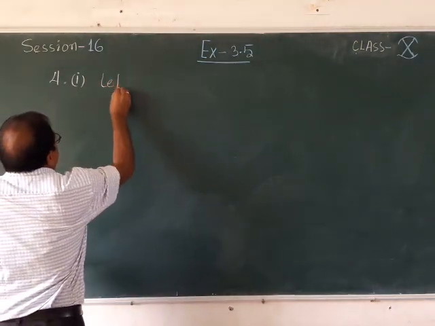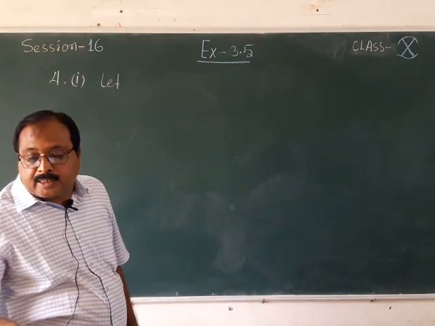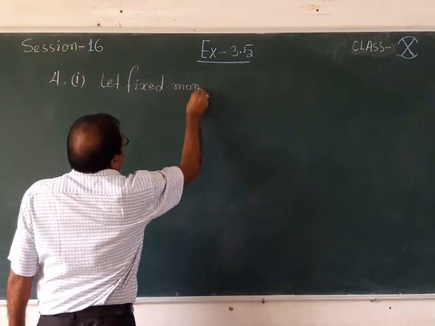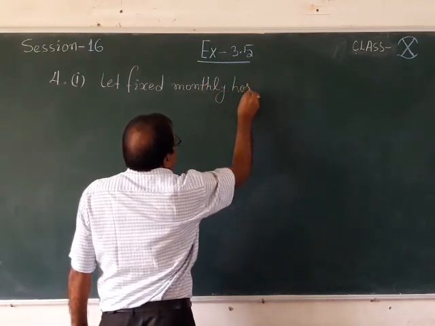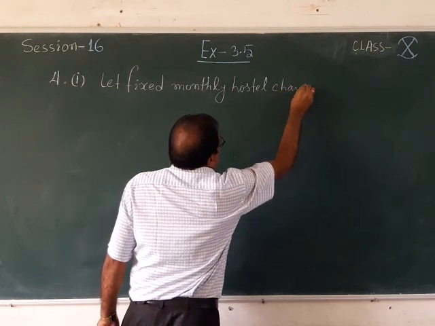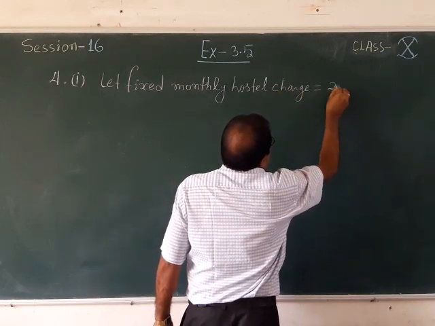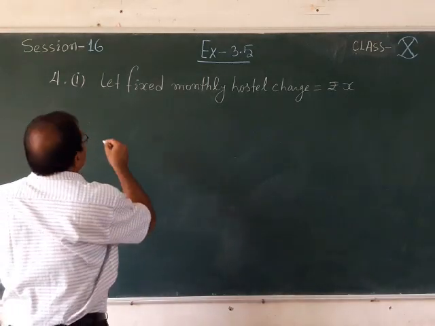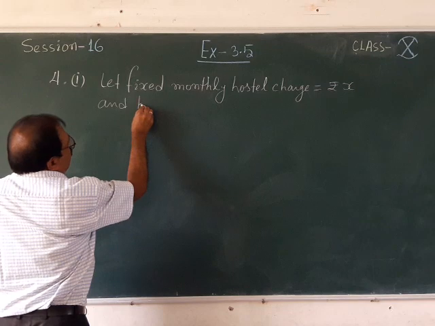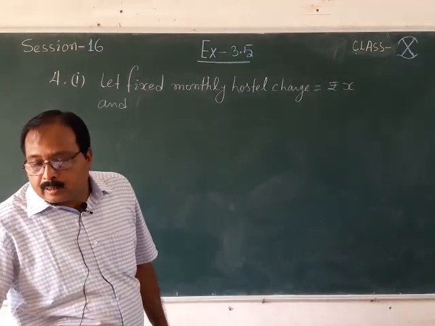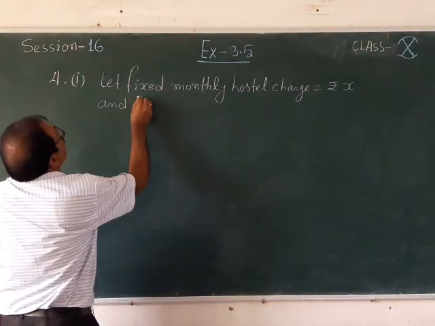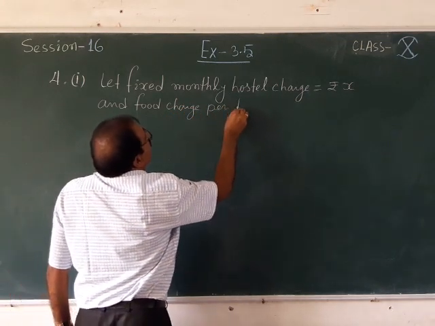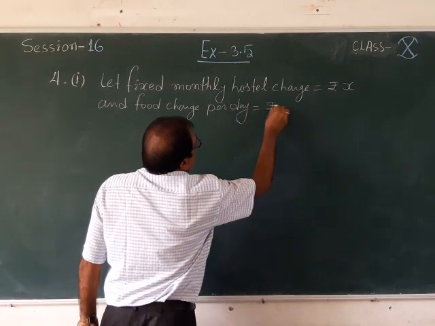So here we have to let the fixed monthly hostel charge be rupees x and the food charge per day be rupees y.